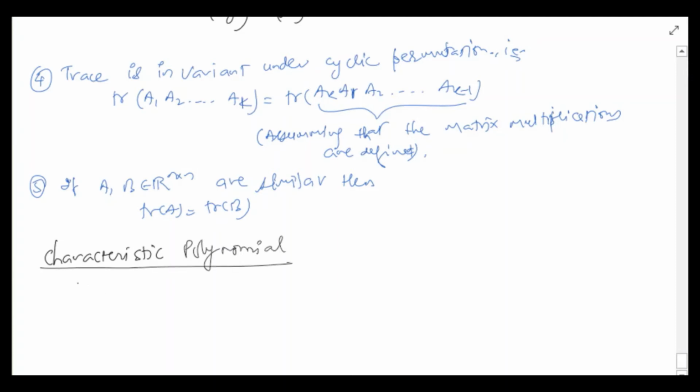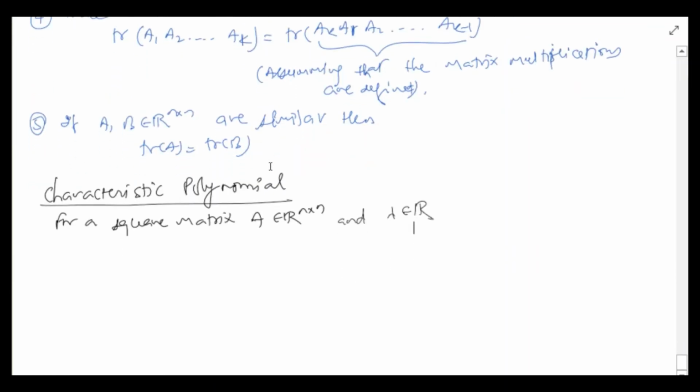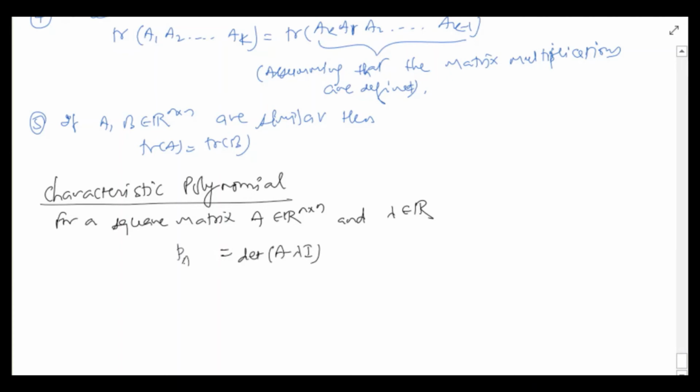For a square matrix A, let's say n cross n matrix, and a number lambda, determinant of A minus lambda I is a polynomial in lambda, and this is called the characteristic polynomial of A, often denoted as follows: P_A of lambda.